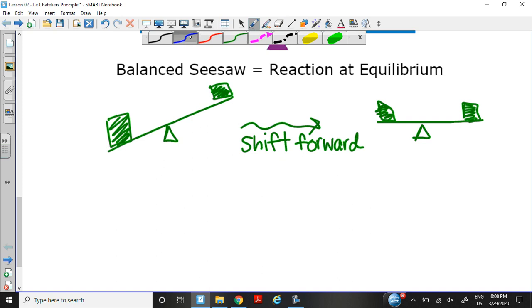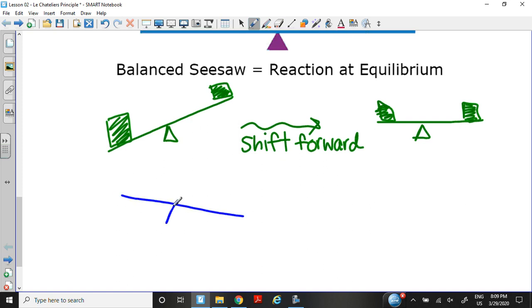Let's look at it just from another example. So what if you had the opposite? What if we have more on the right-hand side because we've taken away something that's been on the left-hand side, or our reactant side? This time, it has to shift backwards.